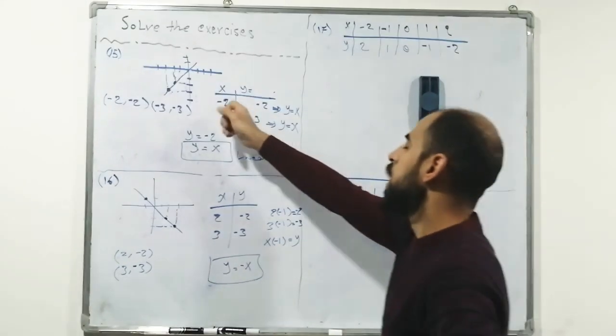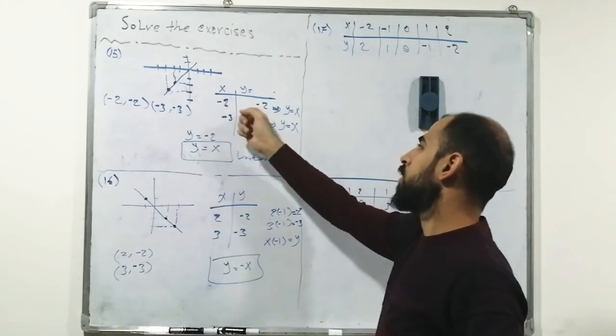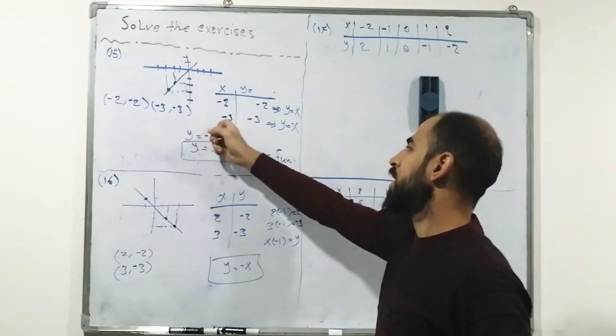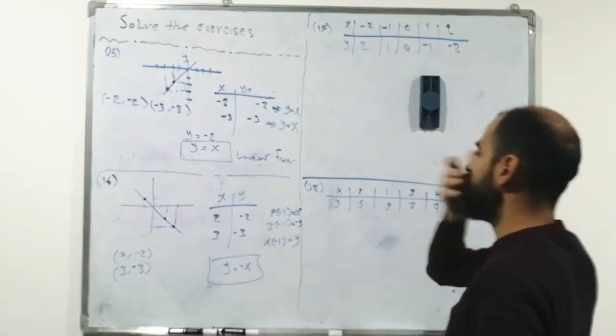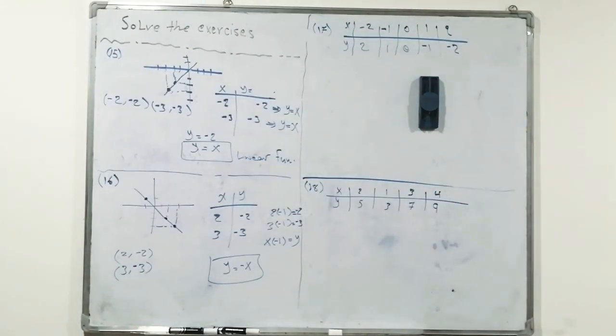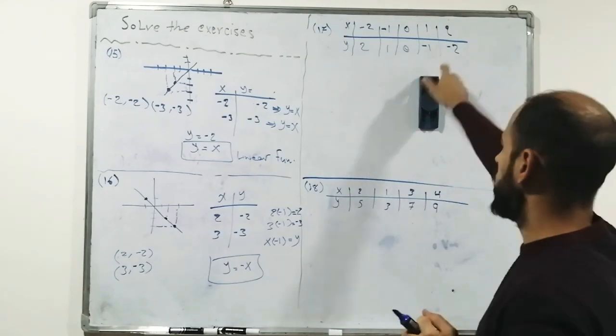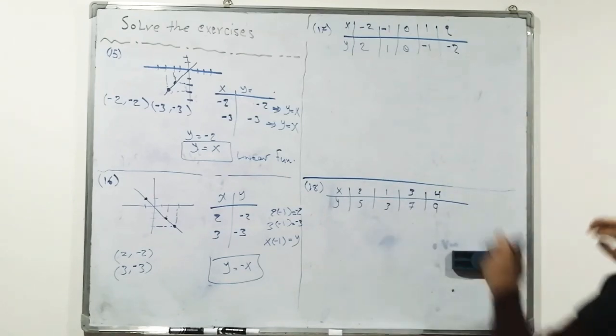By the same way, how can we make the value of x equal y? That means x equals y, and here we also have x equals y. In this kind of question, we have a function table. We must represent the function table in the coordinate plane.